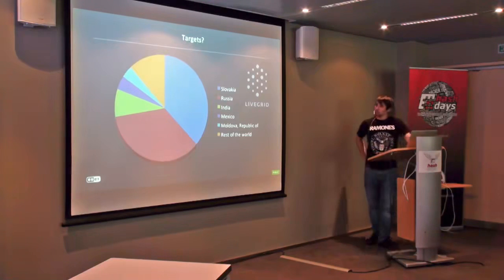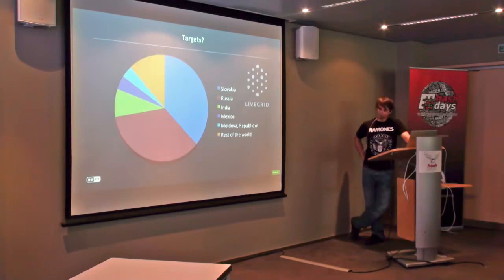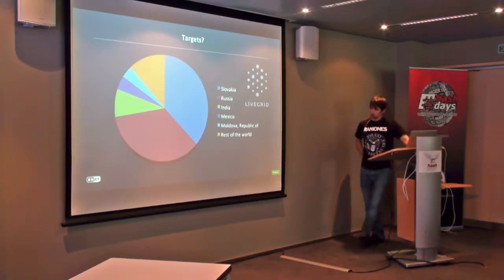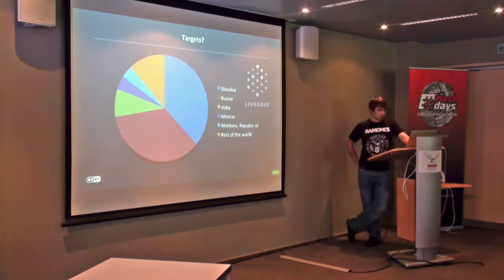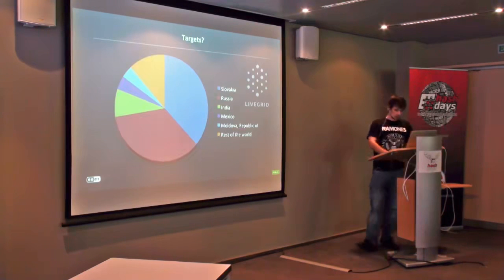And when we looked at the targets, it was no coincidence that these countries were so high in the statistics, because in Slovakia, one big manufacturing company was targeted by this data stealing virus, which I won't name for obvious reasons. And in Russia, it was two big targets, lots of other smaller ones, but two big and really infected ones.